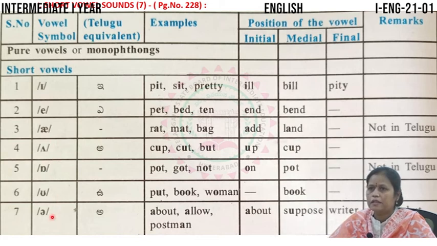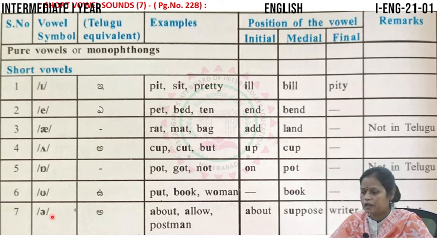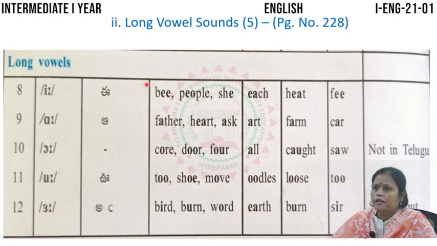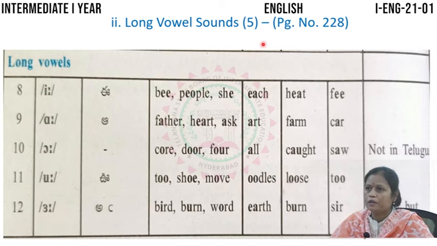These are the short vowel sounds. Practice it. Next, long vowel sounds. This is also in the same table on page number 228. Usually for long vowel sounds, we give the symbol, that is the phoneme, along with 2 dots.